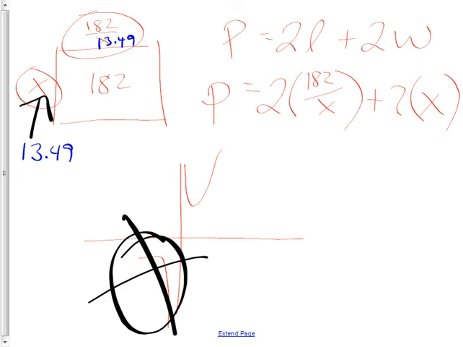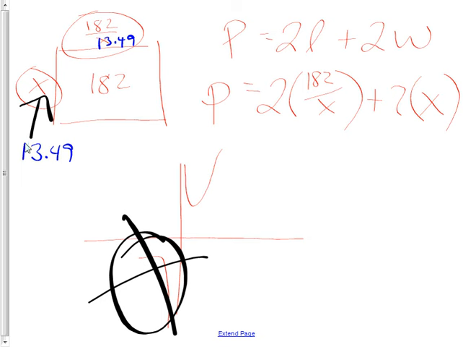Well, here's the weird thing. If I made x equal to 50, the other number, it would also work. So which one of those two is going to give it the least perimeter?